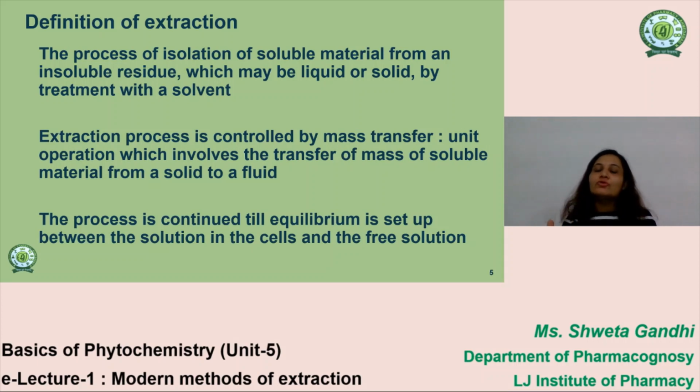Means we have to separate the soluble material from the insoluble residue. Got my point? Then in extraction what will happen? After extracting, the process is continued till equilibrium is set up, equilibrium between the solutions in the cells and the free solution available.